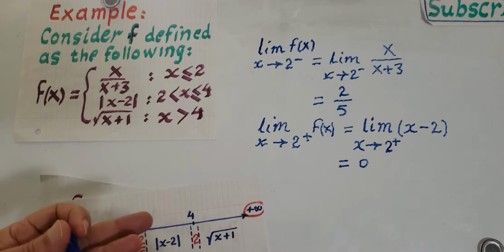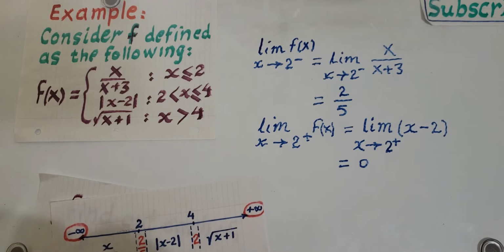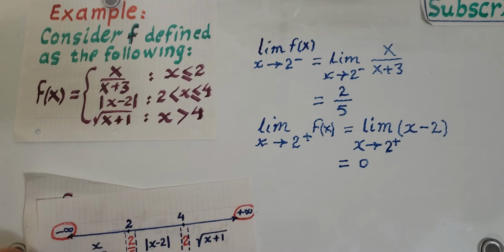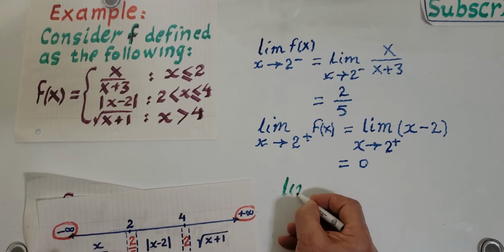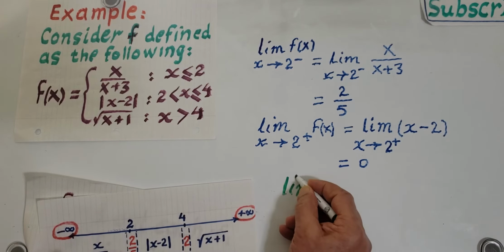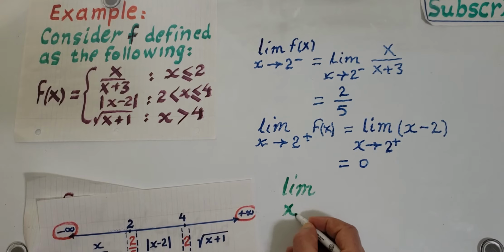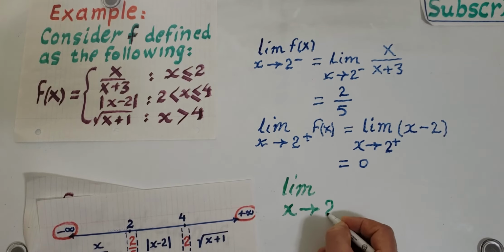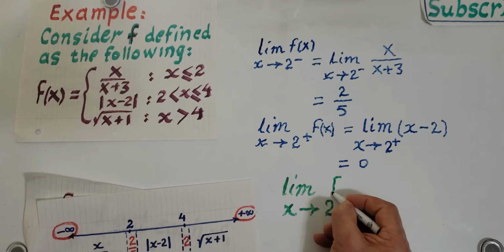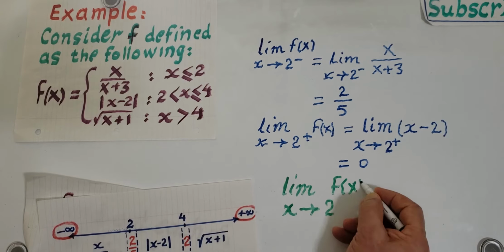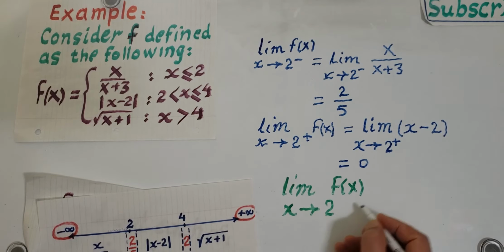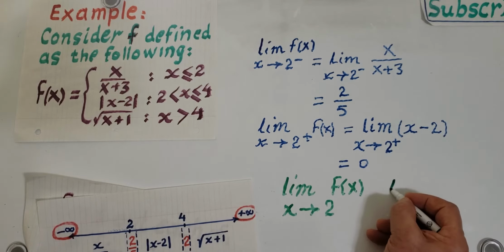So the result we got from this step, we can write it here: the limit for f of x when x tends to 2 does not exist.